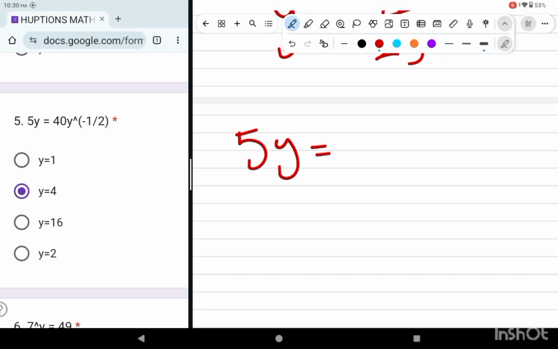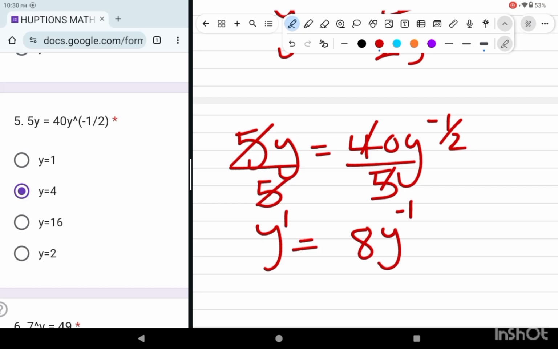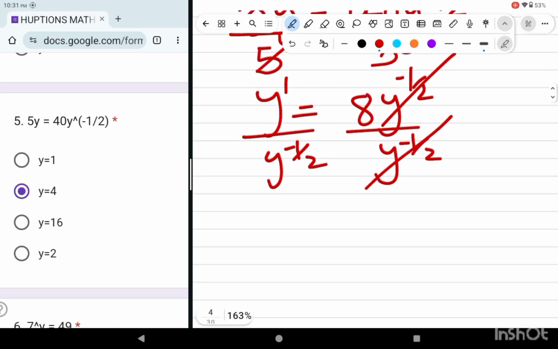Next, 5y is equal to 40y raised to power minus 1 over 2. Remove the 5 first by dividing both sides by 5. 5 cancels out 5 and 40 divided by 5 gives us 8. We have y raised to power 1 equals 8y raised to power minus 1 over 2. Divide both sides by y raised to power minus 1 over 2 so that on the right hand side we will have only numbers.